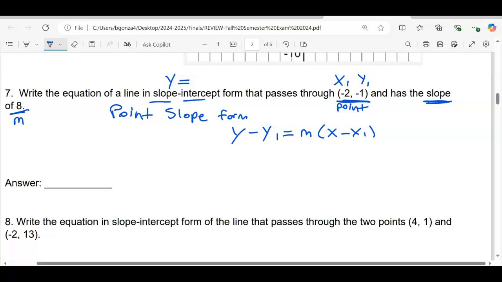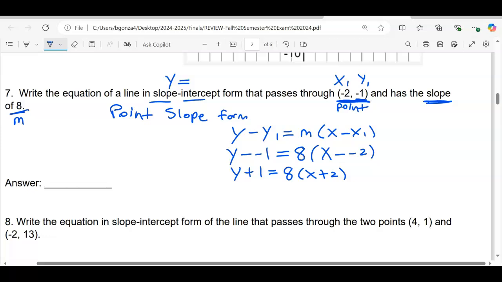So I'm going to leave y there, and minus y1 means minus -1. Minus -1. Now, if you already know that turns into a plus sign, great. Now this m is 8, parentheses, x stays x, and then you're going to do minus x1, which is -2. Now, those minus negatives, I'm going to turn those into plus signs.